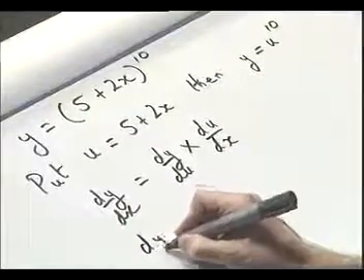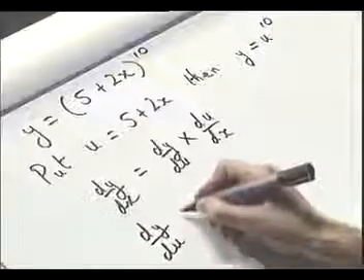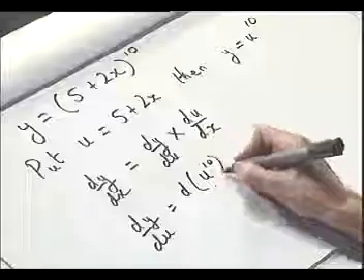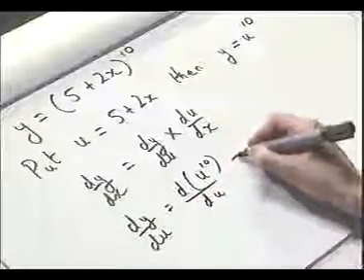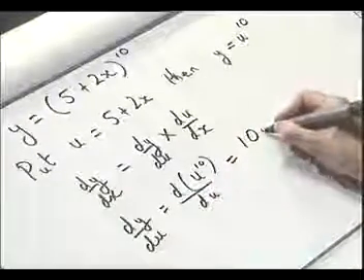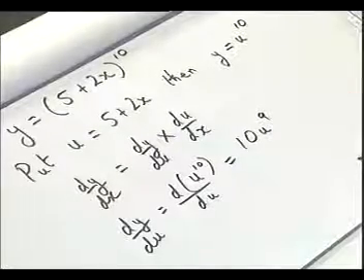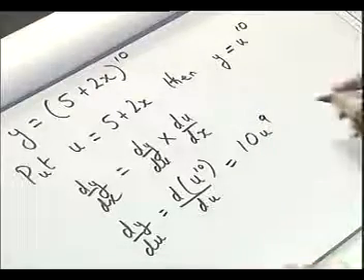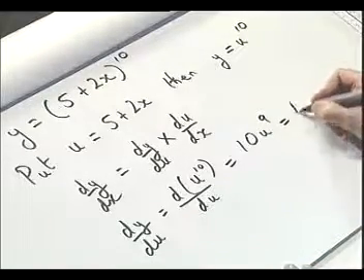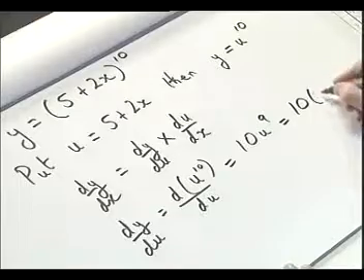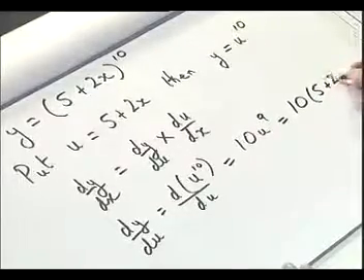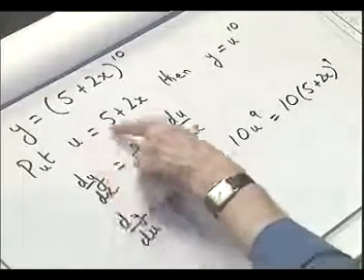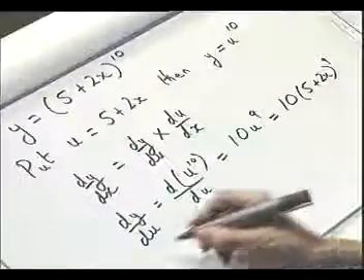So let's have a look at that. dy by du is the derivative of u to the power 10 with respect to u, which is 10u to the power 9. Remember, we multiply by the index and take 1 off the index to give us 9. And so that's 10 times (5 plus 2x) to the power 9, replacing the u by 5 plus 2x.